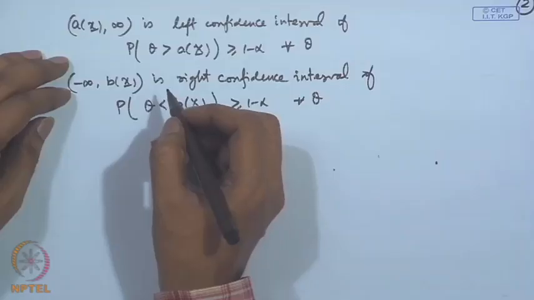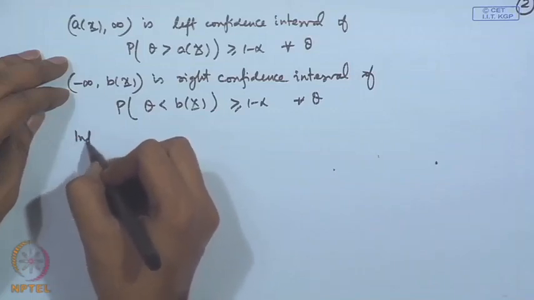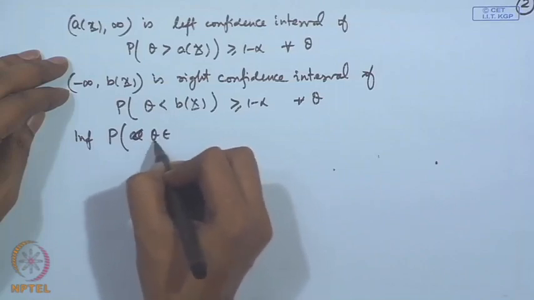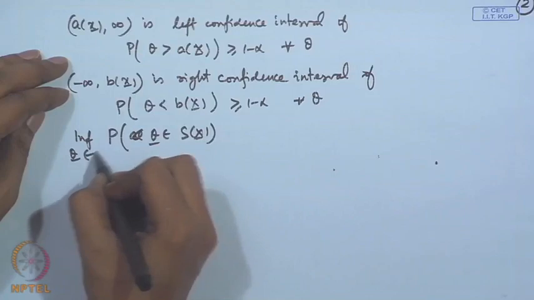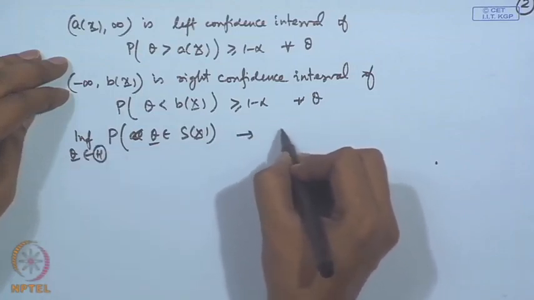So, if we put the infimum of probability of theta belonging to S x, this is called the confidence level.